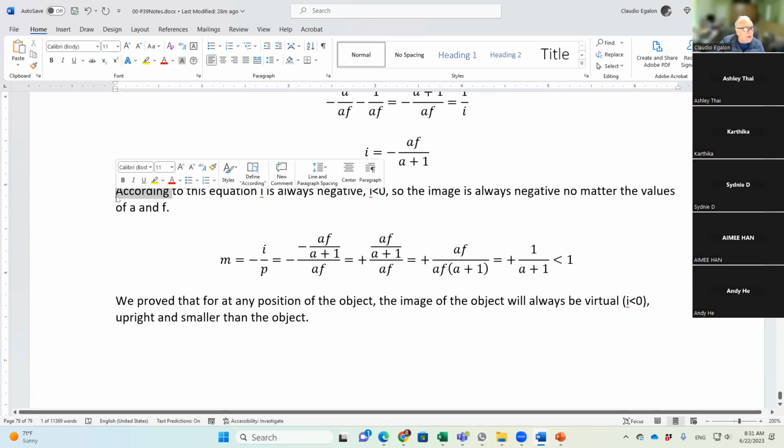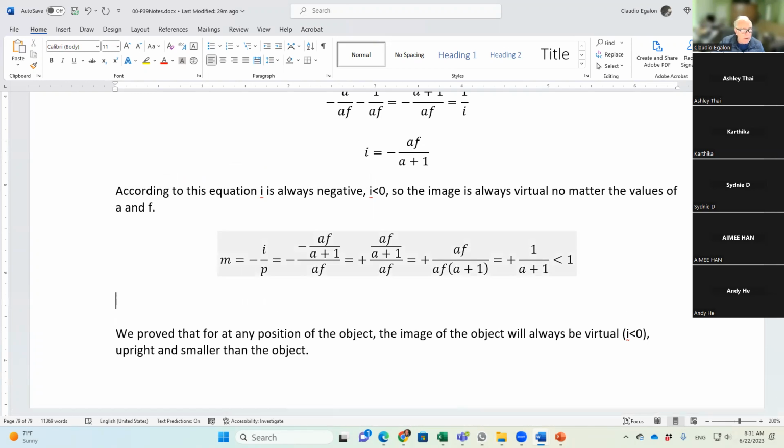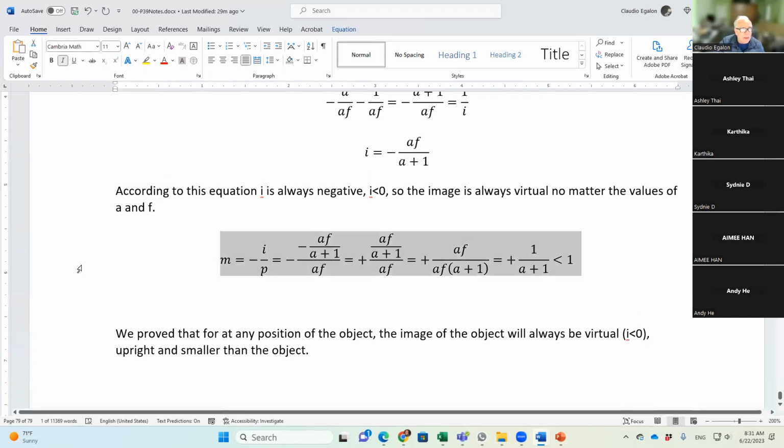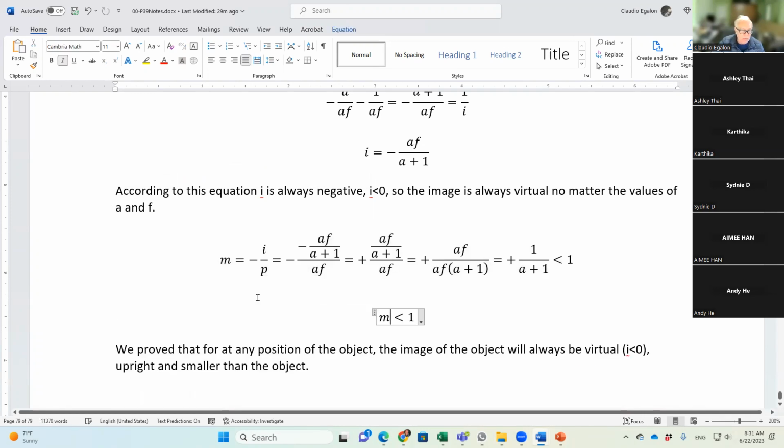According to this equation, I is always negative. So the image is always virtual, not negative, but virtual. That's what negative means. And because M is always going to be less than 1, greater than 0.